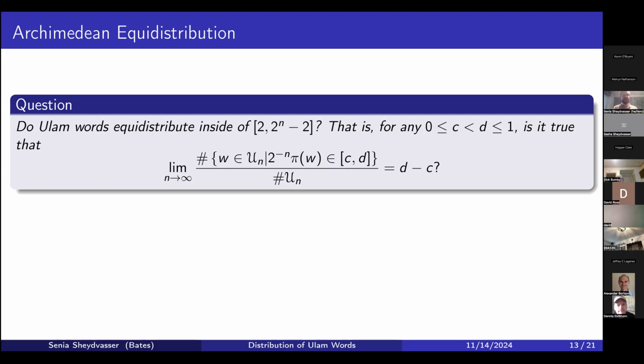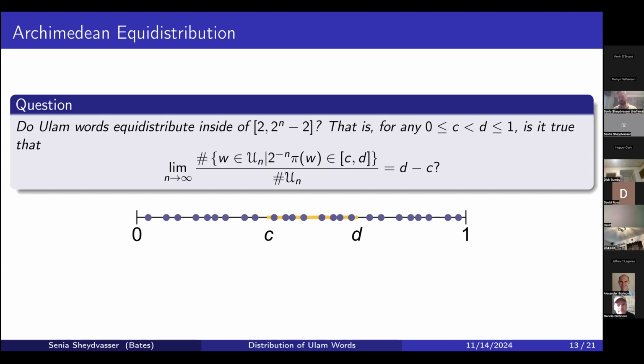So instead, you have your words inside of the unit interval between 0 and 1. Then for any subinterval with endpoints C and D, is it going to be true that the proportion of words in that interval converges to the length of this interval?